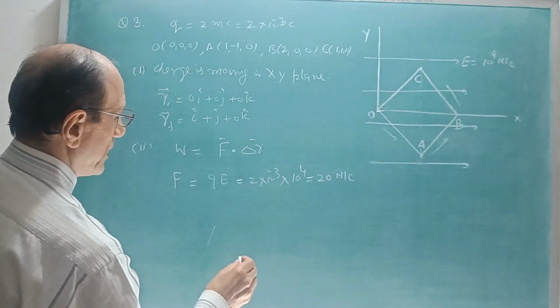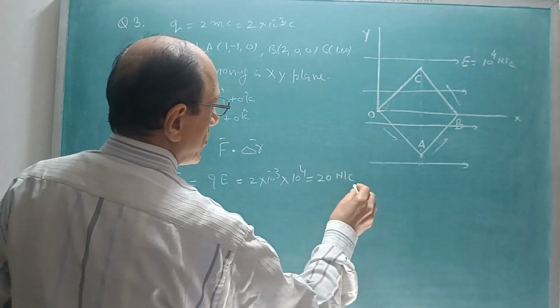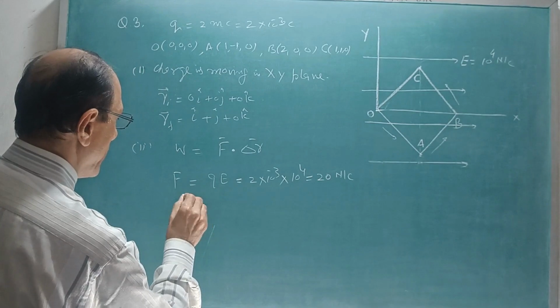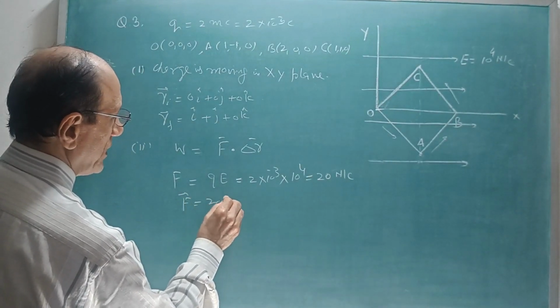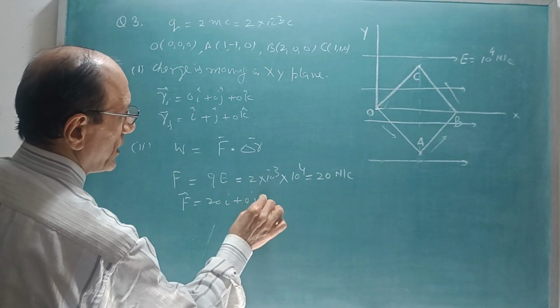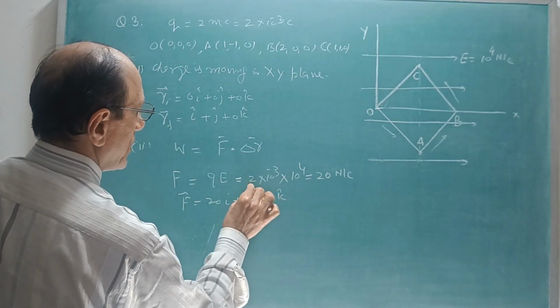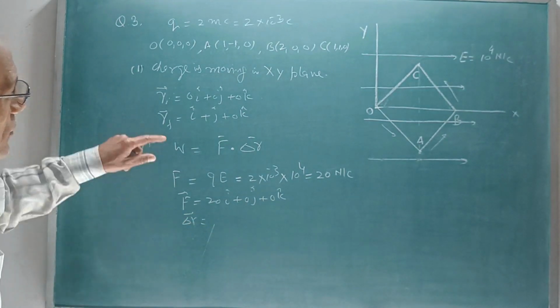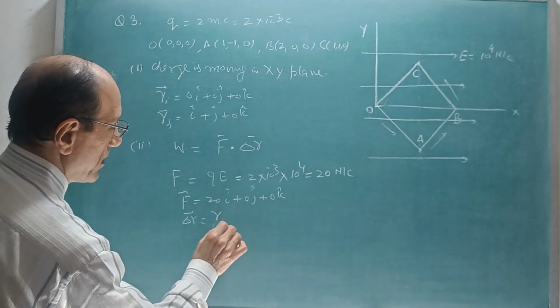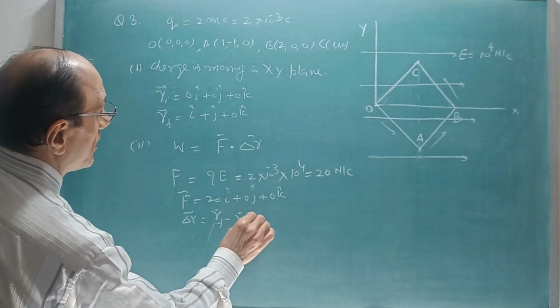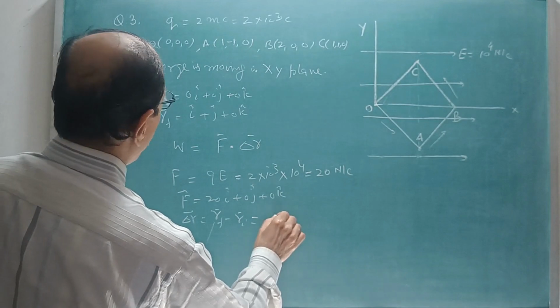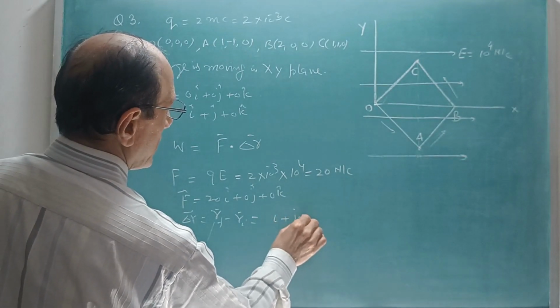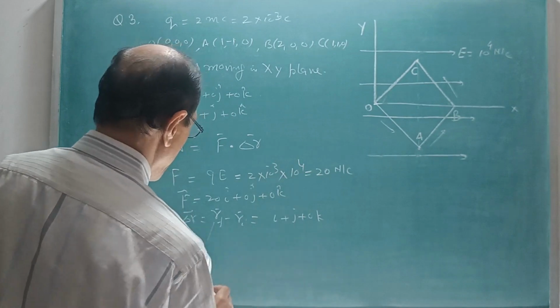In vector notation, that is 20i plus 0j plus 0k, and delta R equals R final minus R initial, that is i plus j plus 0k.